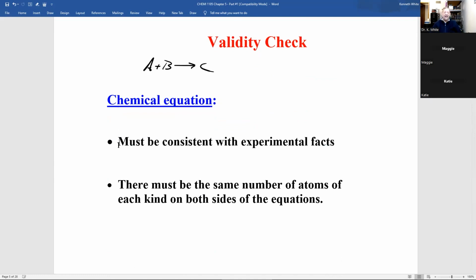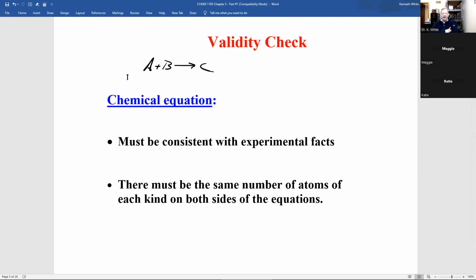If you go into the lab and mix A and B together, and you identify the substance that is made, the product, it better be C. Otherwise, this chemical equation is nonsense. And that's an important part of a chemical equation for a chemical reaction. You have to be consistent with the experimental facts. And this is very important.